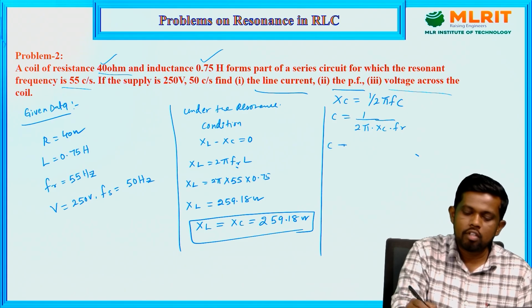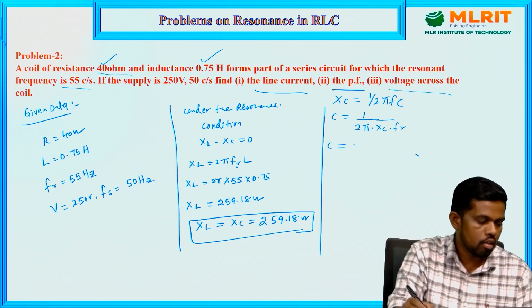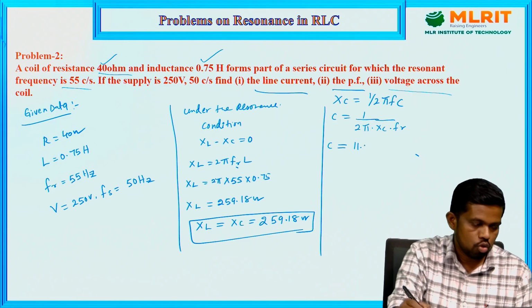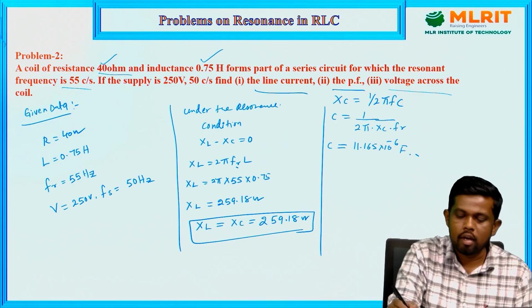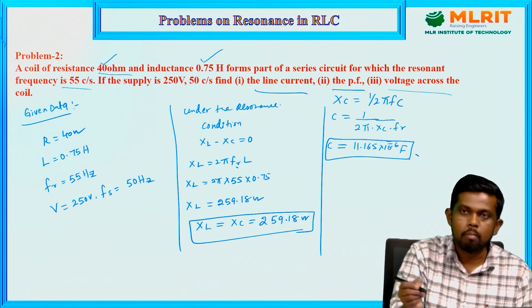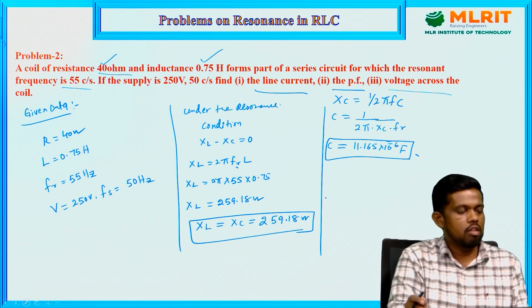After the simplification of all these terms, we will get the capacitance of the network as 11.165 into 10 power minus 6 farad. So this is the capacitance of the network under the resonance condition.